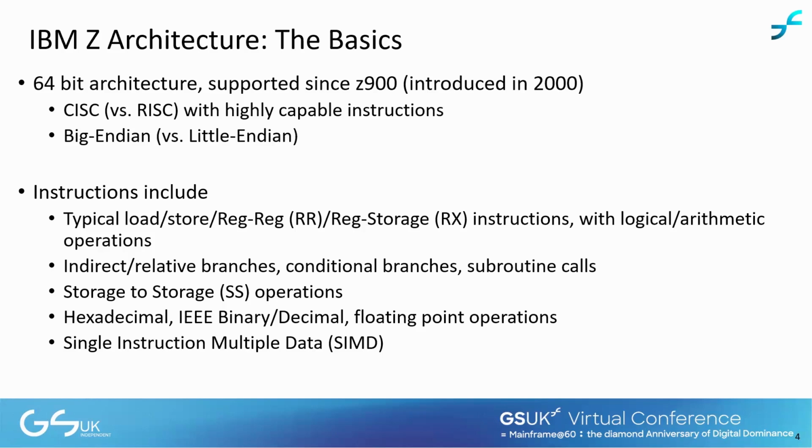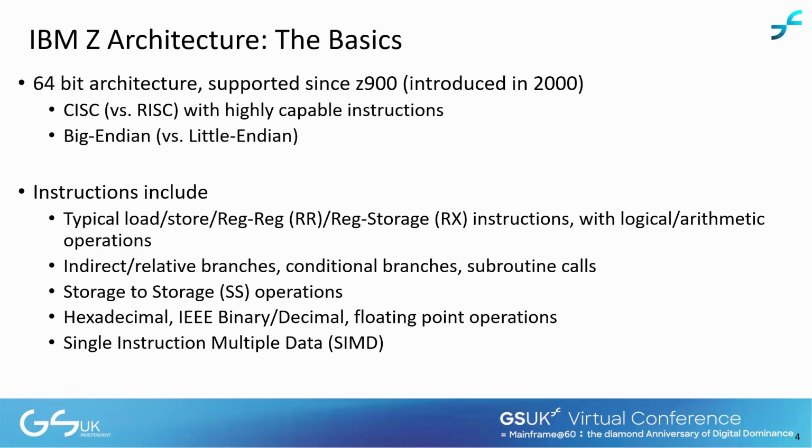Another super CISC thing that we have going on in Z is the storage to storage operations, instructions like move character, where you specify one operand in storage for the source location and another operand in storage for the destination, and you can just move byte by byte from the source to the destination. Then you can get into crazier instructions like move character long, where you can move pages or multiple pages.